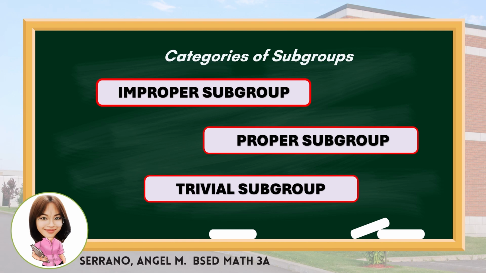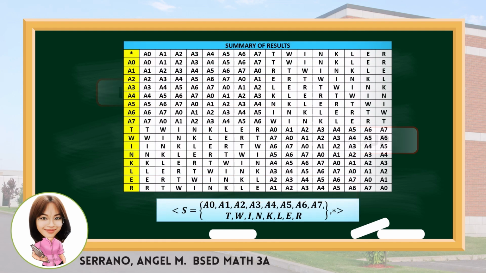So next, let us have now the group of S, which contains the elements A0, A1, A2, A3, A4, A5, A6, A7, P, W, I, N, K, L, E, and R under binary operation star. And we'll be considering this in determining the subgroups. So let us now begin with the improper subgroup.